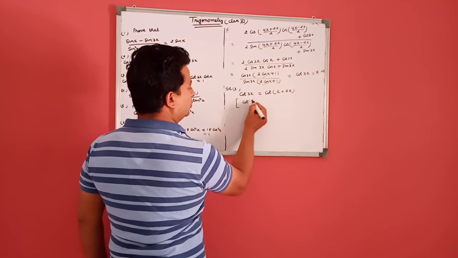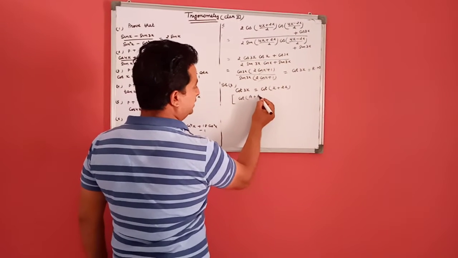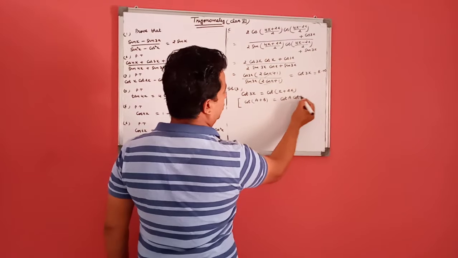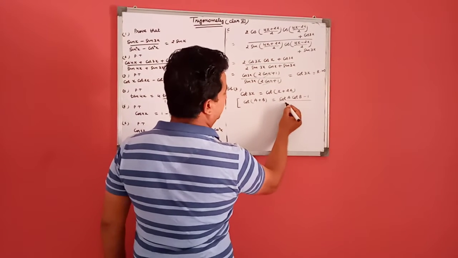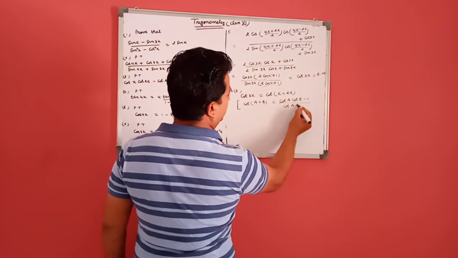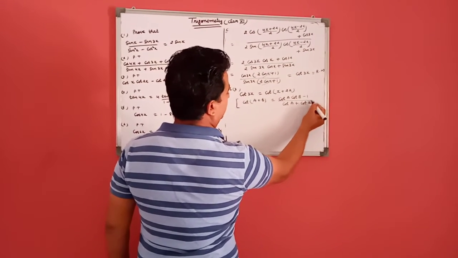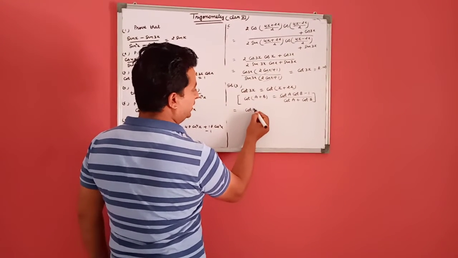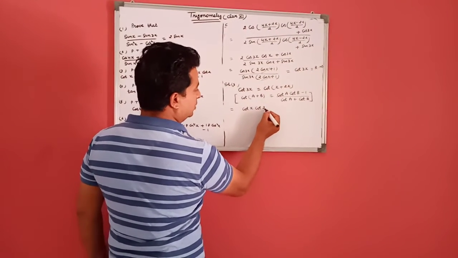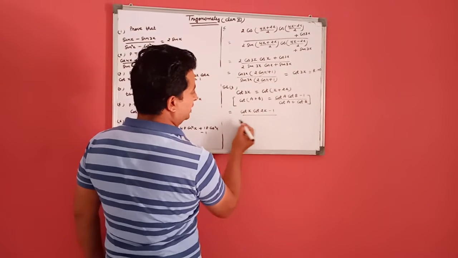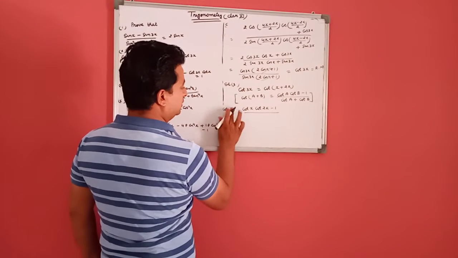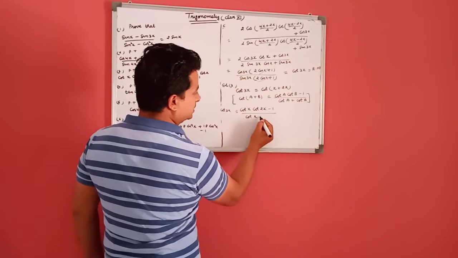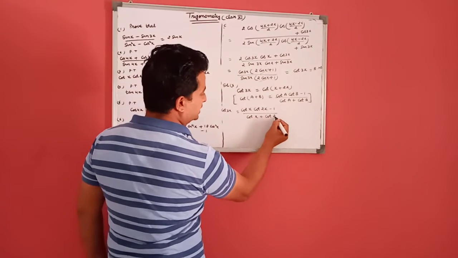As we know, cot (A plus B) equals (cot A into cot B minus 1) over (cot A plus cot B). When we apply this formula, we get (cot x cot 2x minus 1) upon (cot x plus cot 2x).